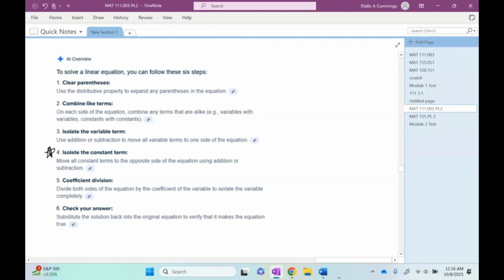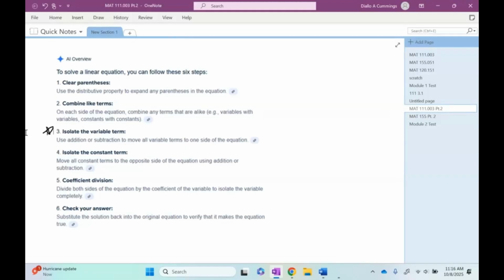And I'm just going to put a star by the fourth, when it says isolate the variable term, which means that we want the unknown or the trig function on the side of the equation by itself. And we simply move all other items to the opposite side.